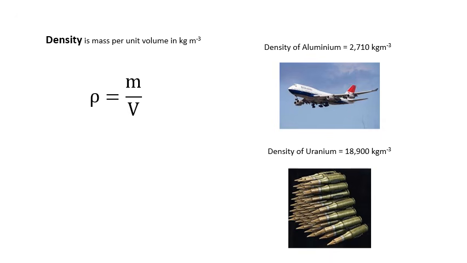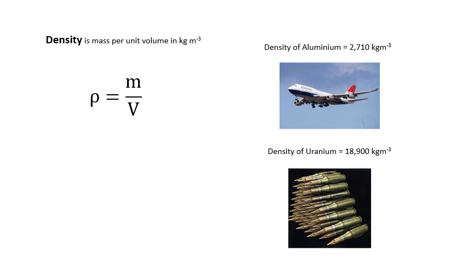Lastly, density. Density is mass per unit volume, in kilograms per metre cubed. I can imagine you might get a question in grams per centimetre cubed, but I doubt it. For density, we use the Greek letter rho, R-H-O, and rho equals m over V, mass divided by volume.